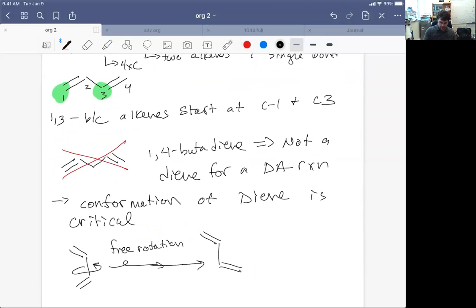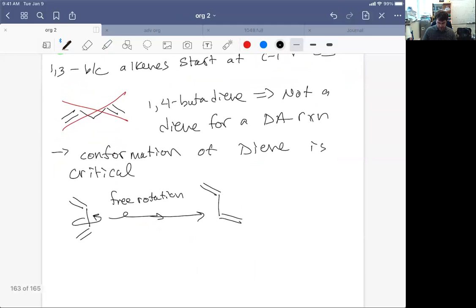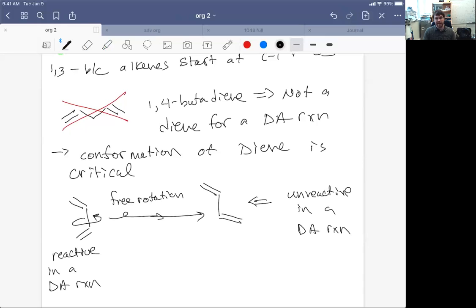Now, what I like to do is keep both of these structures in mind, but we want to note that this one on the left is reactive in a DA reaction, and this one on the right is unreactive in a DA reaction. Now, it might serve to react with another diene, but for the diene itself, we have to make sure that we're in the conformation on the left.